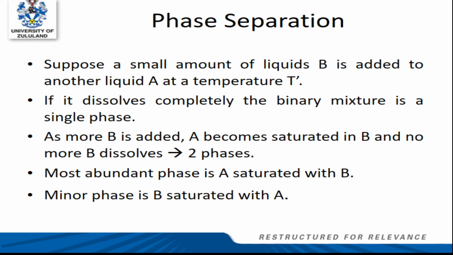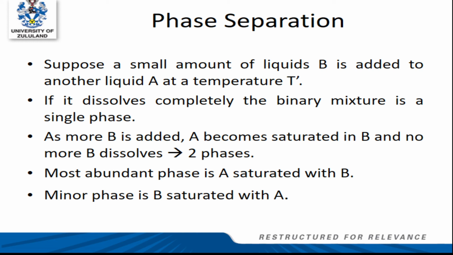So this small amount of liquid B is added to another liquid A at temperature T prime. If it dissolves completely, the binary mixture, of course, is going to be a single phase. But if it does not dissolve completely, obviously we are going to have two phases.